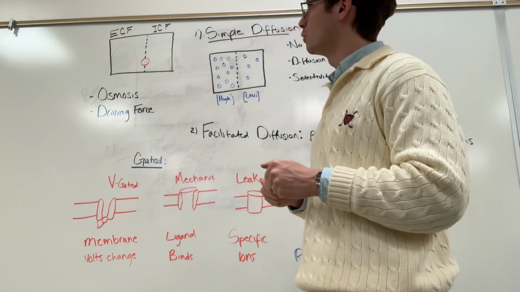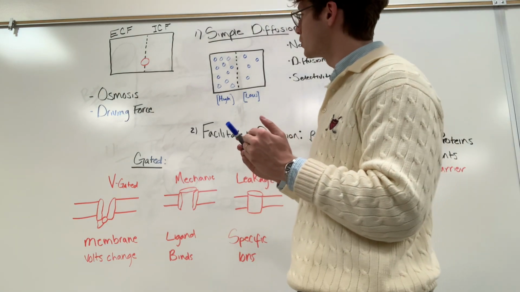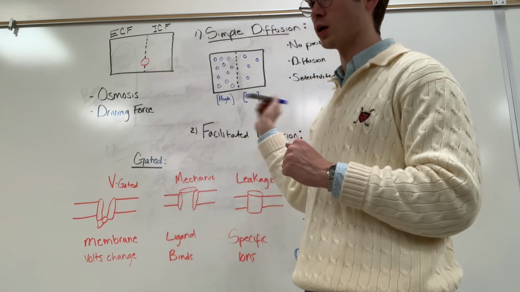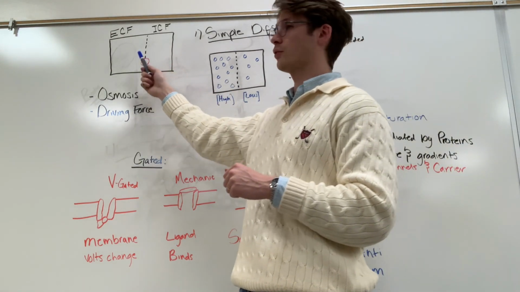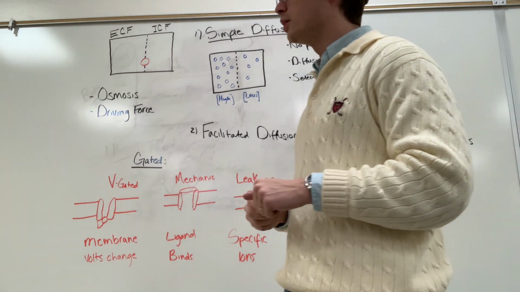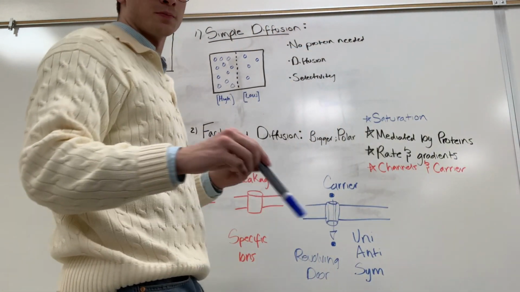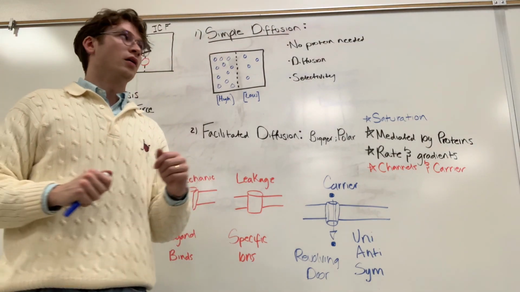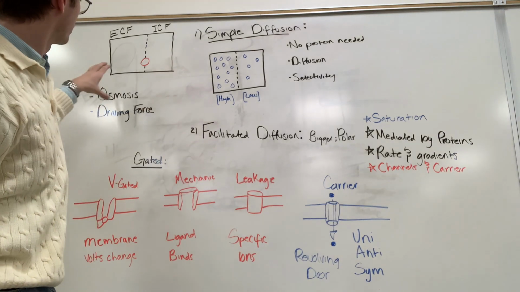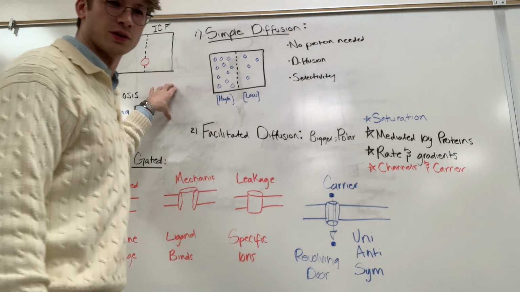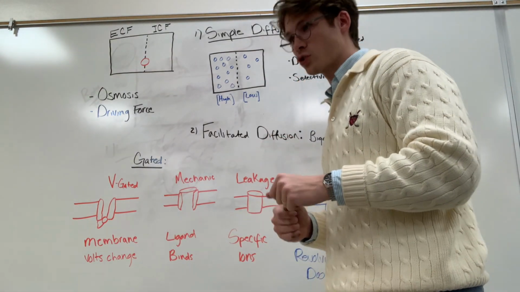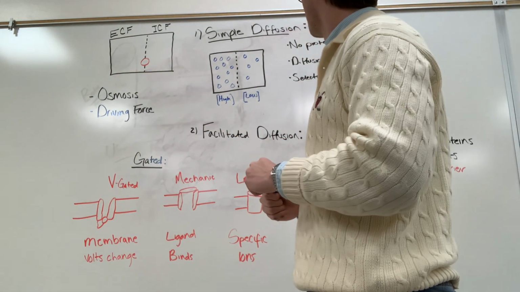This is referring to the pressure gradient that is created from osmosis, the movement of water, and it occurs through these aquaporins. That's a simple idea. The first 2 types of diffusion we're going to talk about is simple diffusion and facilitated diffusion. It's important to understand osmosis and this idea of this membrane when it comes to diffusion and transport. So that's why we started there.